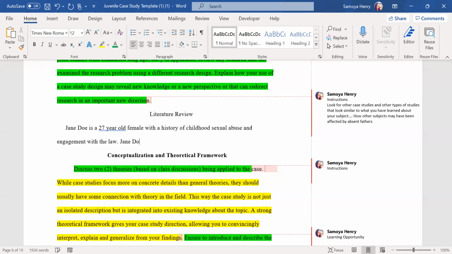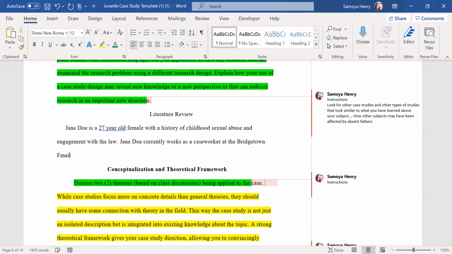Jane Doe currently works as a caseworker at the Bridgetown Family Center.